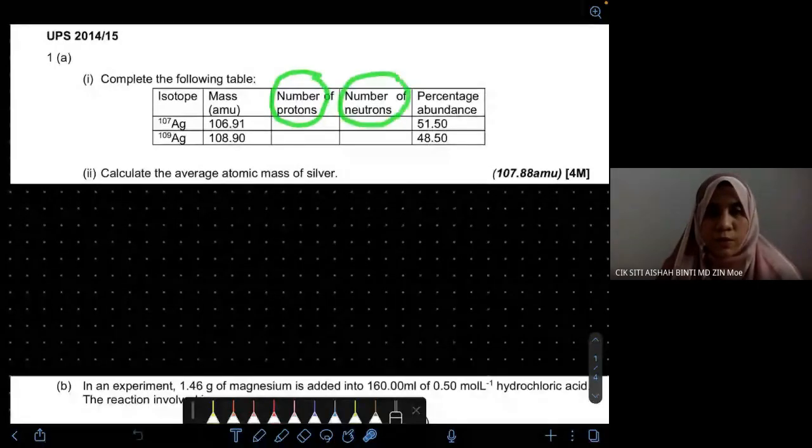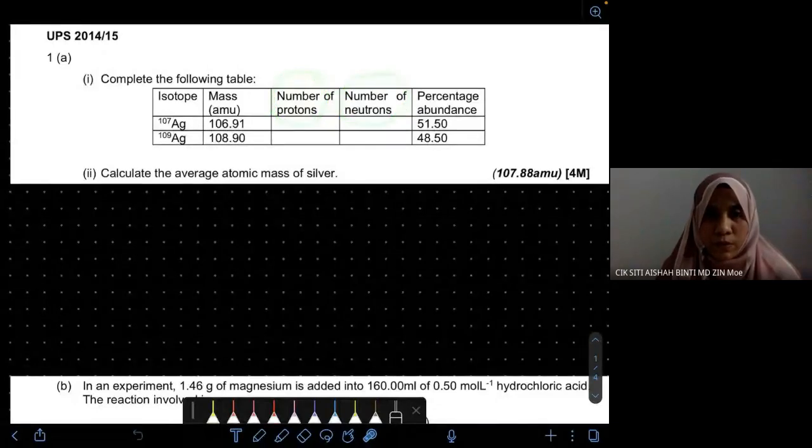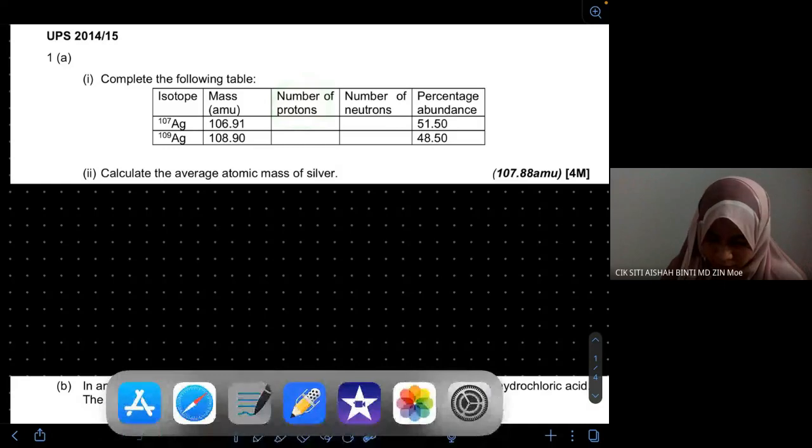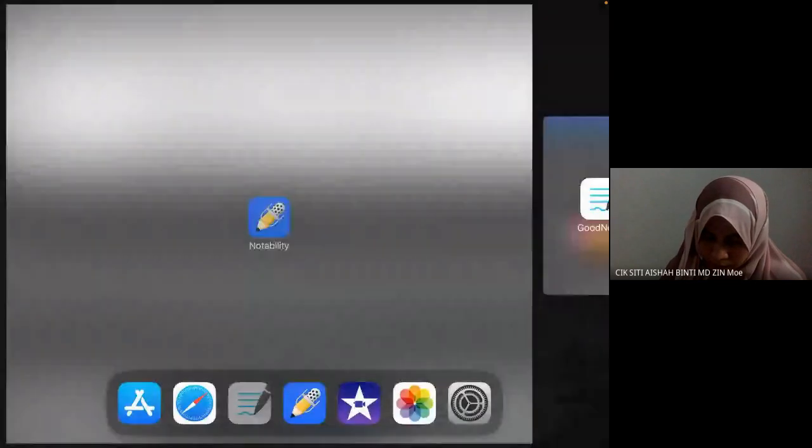Okay, so the number of neutron, number of proton, this is actually our number of proton. Okay, where do we get the number of proton? It's actually in your list of constant. So in your list of constant, wait, Miss checks. List of constant.